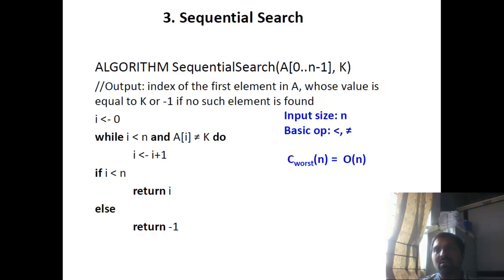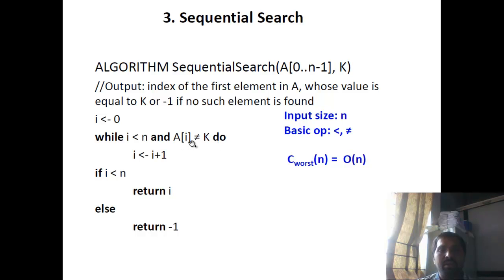In sequential search, we search whether the element is available in the given list or not. Input for this method is the element we are going to search, and output is whether successful or unsuccessful. i equals 0, input size is n, while i is less than n and A of i is not equal to k.